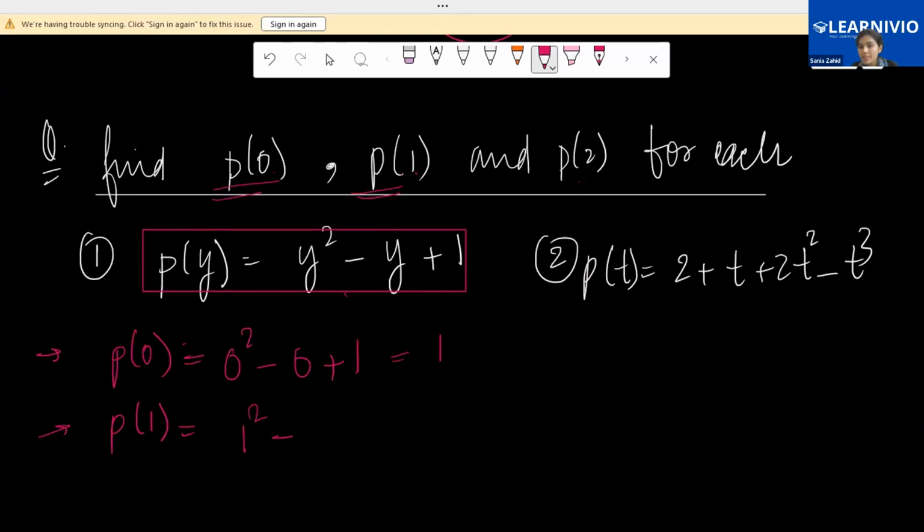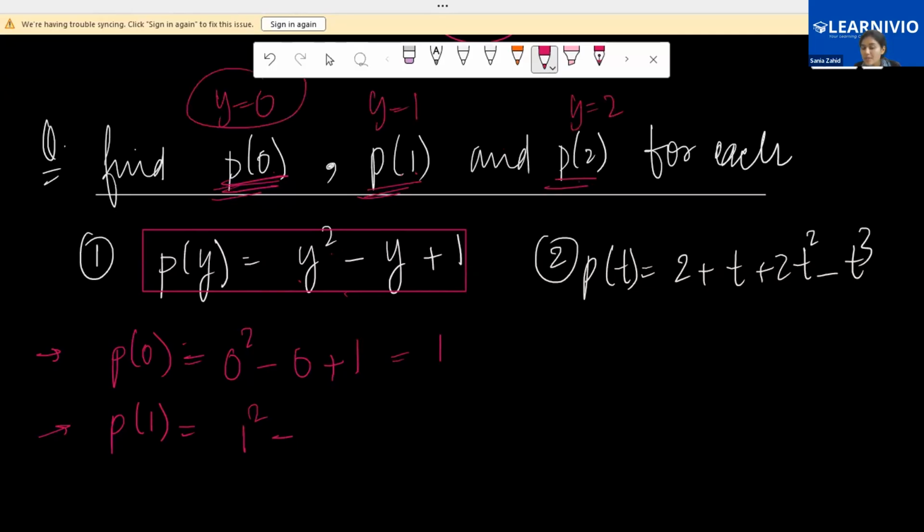Before also, we were just replacing the letters, right? So here also, I'm just replacing. Instead of y, I'll put 0. Then instead of y, I'll put 1. Then instead of y, I'll put 2. It's same as y equals 0, y equals 1 or y equals 2.